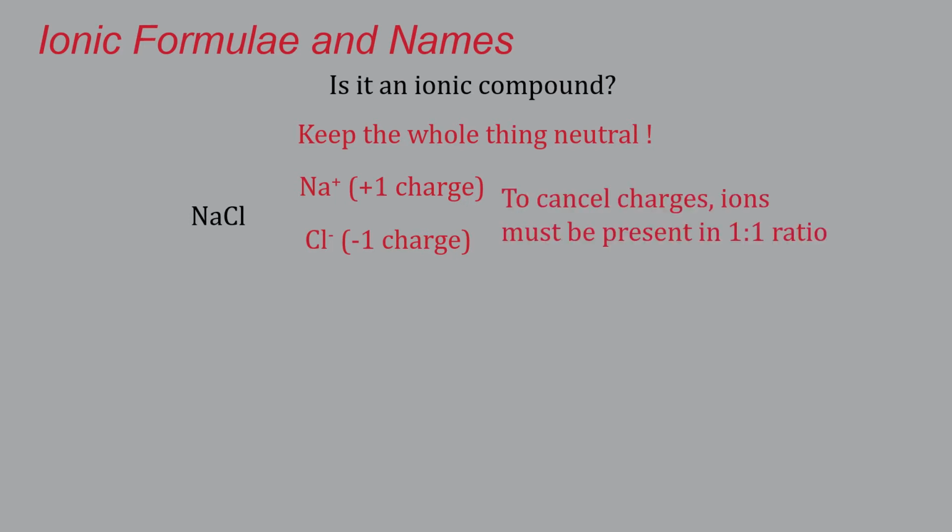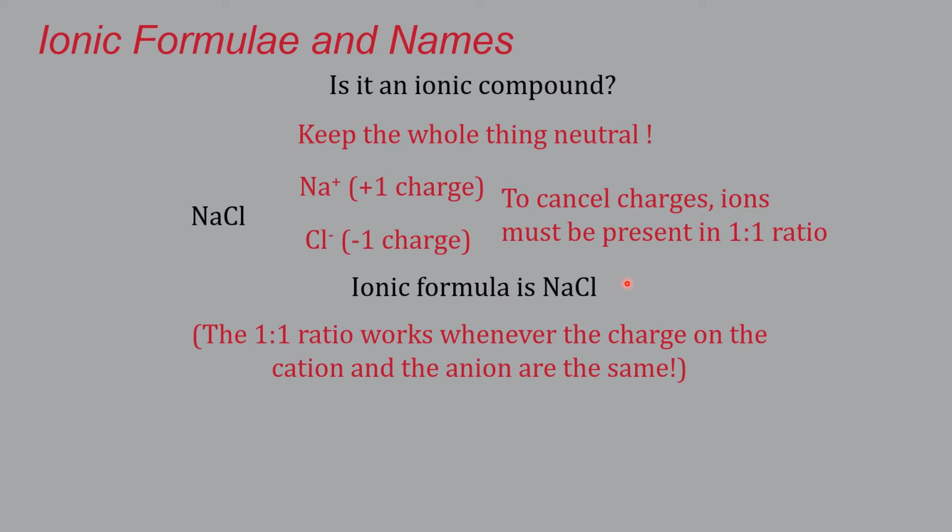And for the charges to cancel each other out, they have to be present in a 1-to-1 ratio. +1 and -1 adds up to 0, and we're good. So the ionic or empirical formula for this is NaCl. When the superscript should be 1, we omit it.